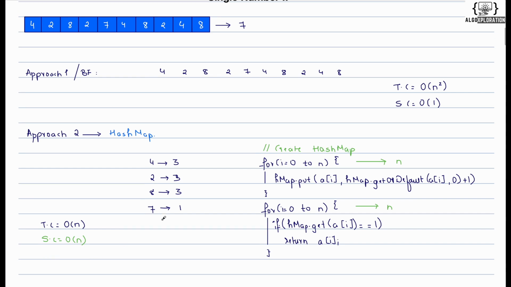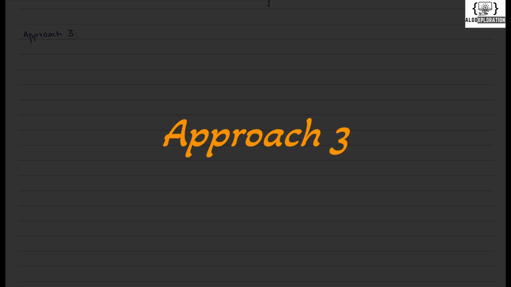Now the third approach is a little bit trickier, but don't worry, I'll try my best to simplify this. Let's take one example in which each and every element is appearing thrice. So 2 2 2 4 4 4 8 8 8.